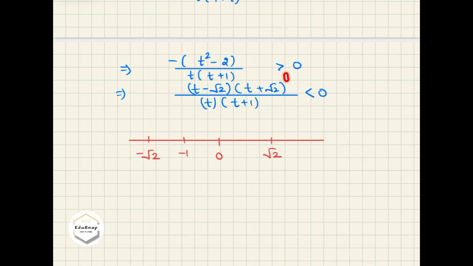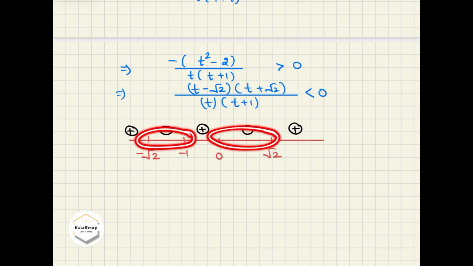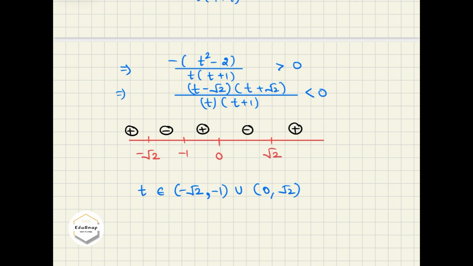And if you observe all the factors having odd power, we can use the sign of alternative. Start with a positive, negative, positive, negative and positive. Okay, so we have this part. So if you observe, we want the terms where it is less than 0. So obviously this region and this region will be the answer. So t will belong to this and this.